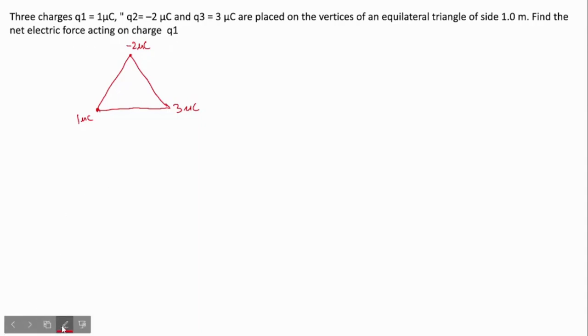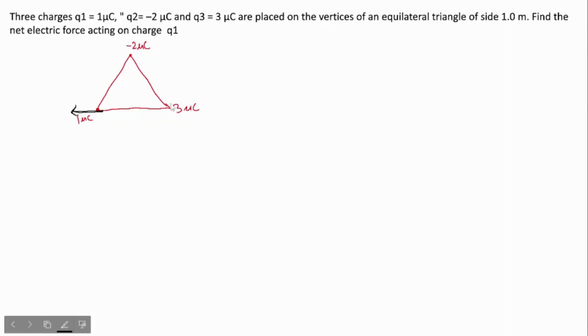So just look at this. The 1 microcoulomb and 3 microcoulomb charges are like charges. What will be the nature of the force here, attractive or repulsive? It will be repulsive. So the force applied by Q3, due to the 3 microcoulomb, will be in this direction.